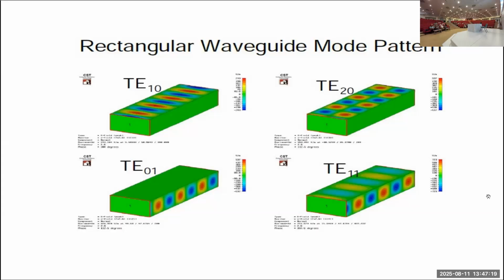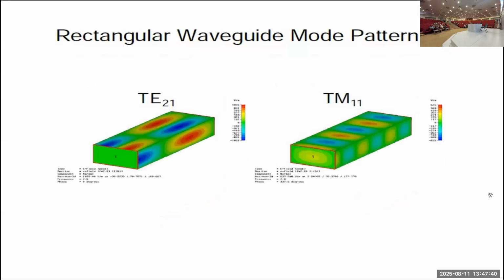And if we talk about TE01 mode, then there is 1 intensity maximum along the shorter side. But if we talk about TE11 mode, then we have 1 electric intensity maximum along the longer side and 1 intensity maximum along the shorter side. Similarly, for TE21 mode, we have 2 intensity maxima along the longer side and 1 intensity maximum along the shorter side.